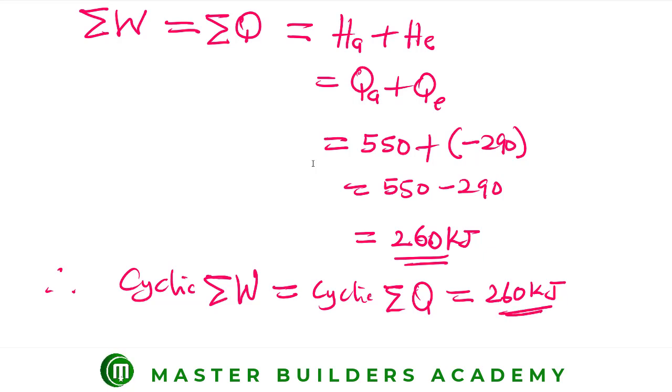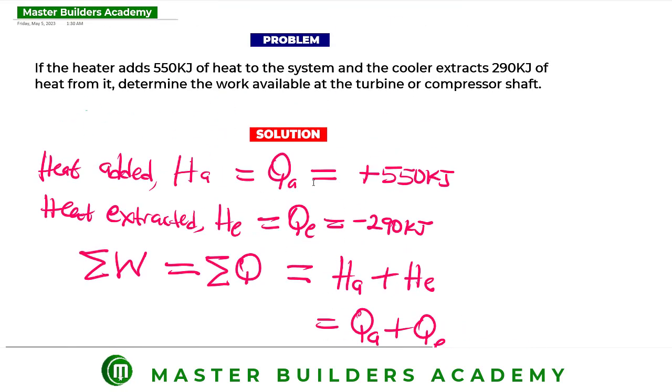As you can see, it is very, very simple to solve. All you need to do is understand the basic principles that work. I hope you understand this question very well.